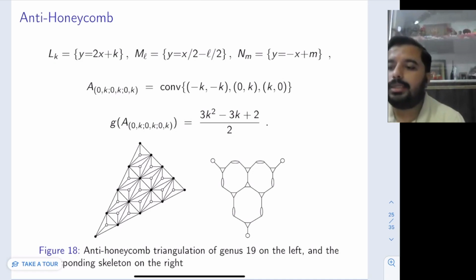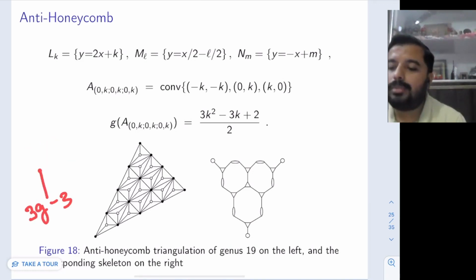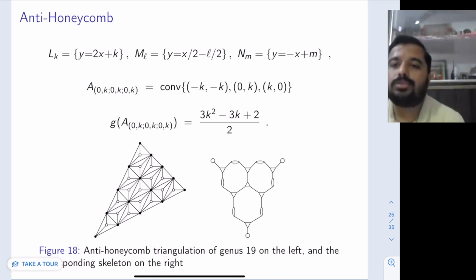One nice result is that the maximal dimension of this space M_g is 2g plus 1. You had 3g minus 3 edges, however the dimension is only 2g plus 1, which is much less. So if your graph is realized through this process, it loses a lot of dimension.